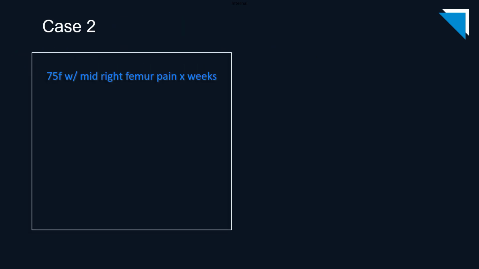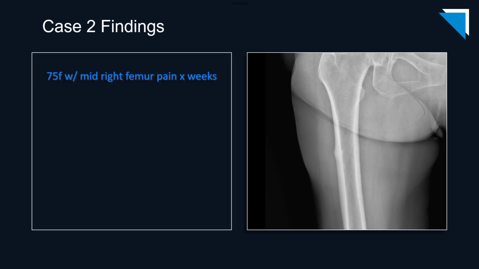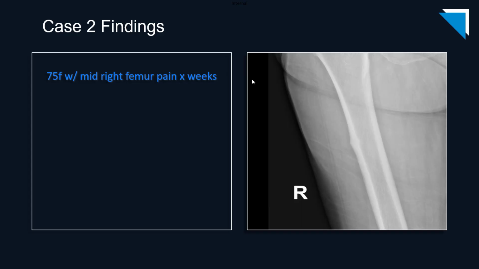Our next patient is a 75-year-old woman with weeks of mid-right femur pain. This is an AP image of the right proximal femur for your review, and another AP image taken 1 week later.